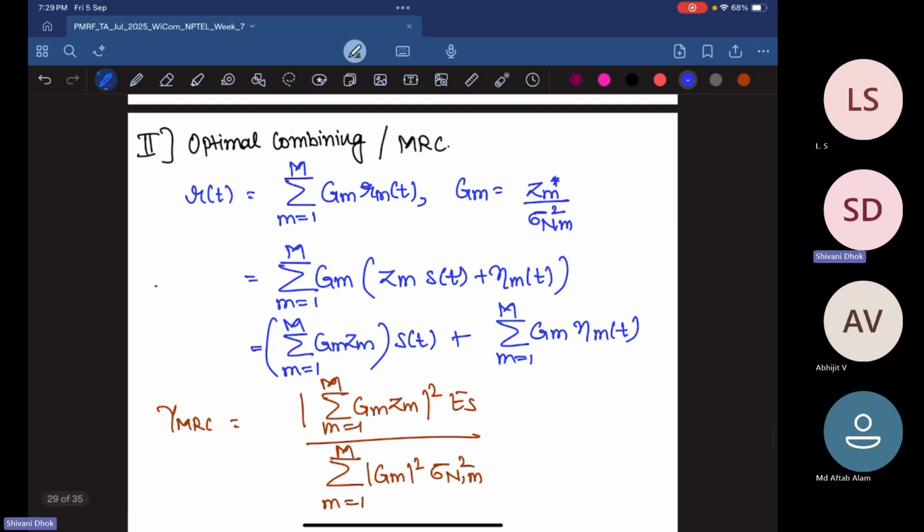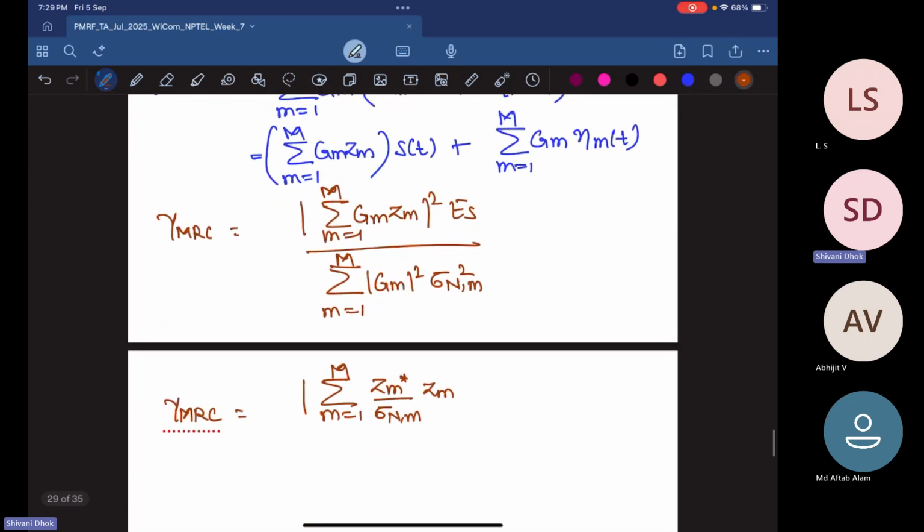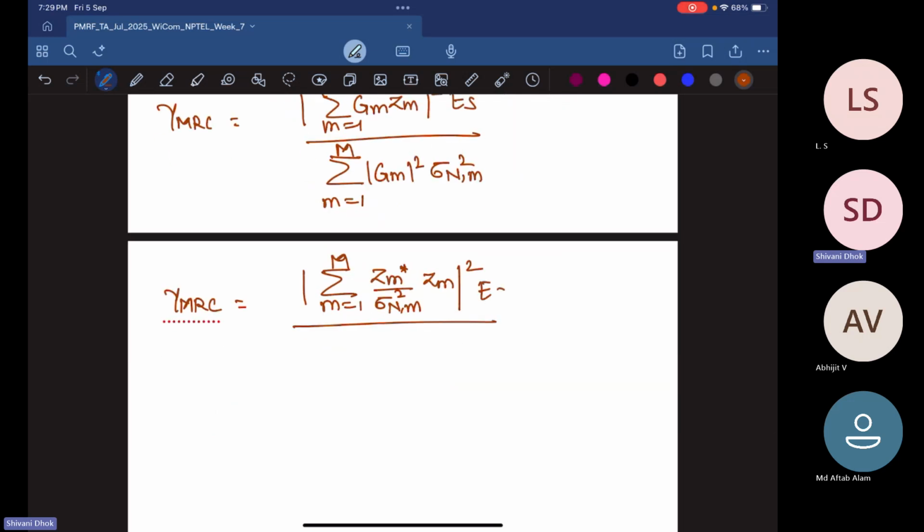Yeah, sorry, there should be a square. Into Es divided by summation m equal to 1 to capital M magnitude of Zm square upon sigma nm to the power 4 into sigma nm square.